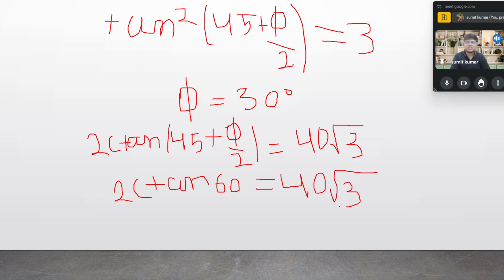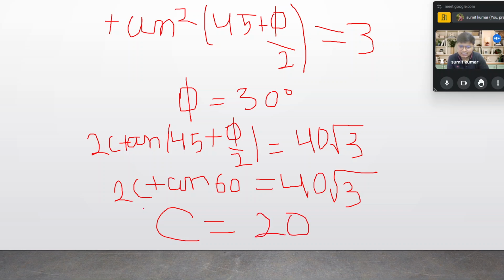When we solve, I will use the calculator again: 40 root 3 divided by 2 tan 60. So we are going to find the value of cohesion c as 20.